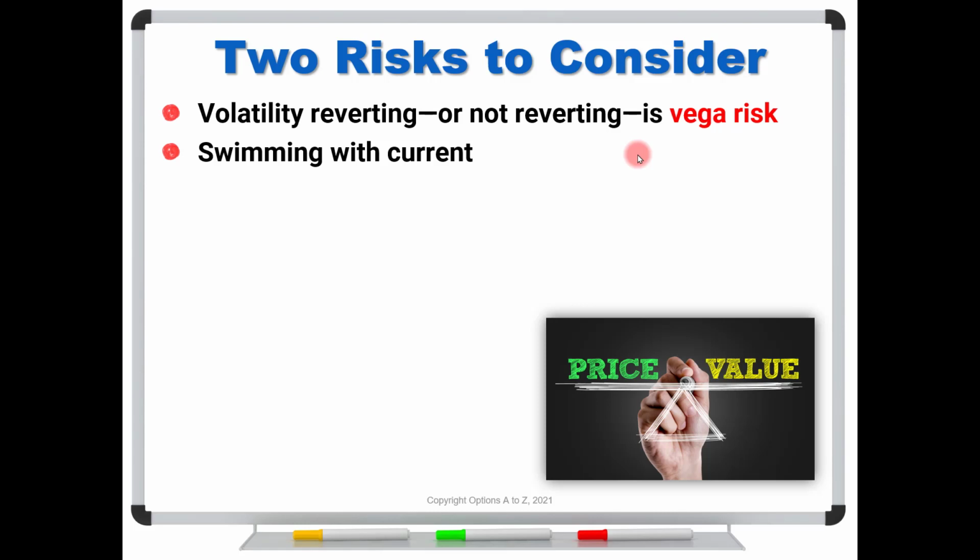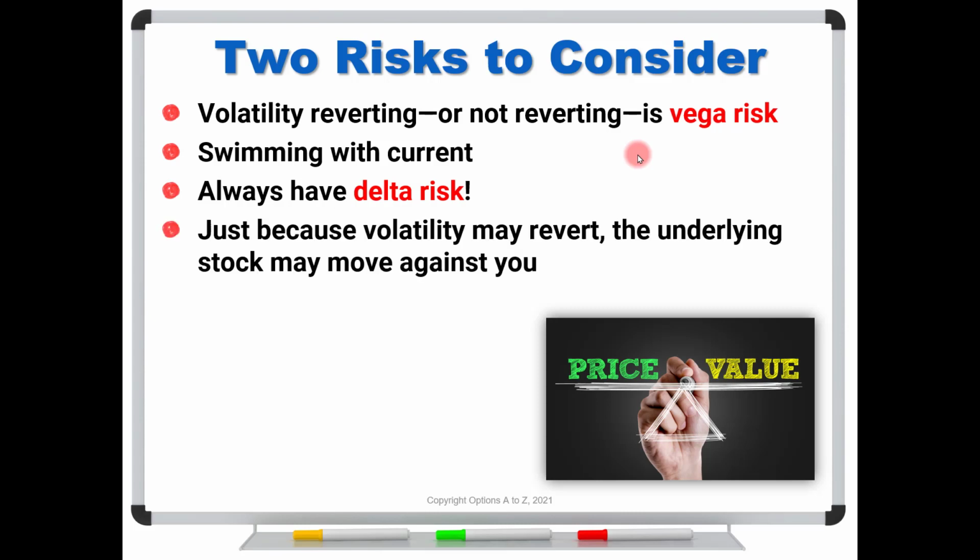And that's because even with knowledge of volatility, and even with a pretty good grip on whether it's relatively high or low, you always have delta risk. So remember, volatility is about the size of the jumps, not the direction. Delta is about direction. Those are two different concepts. So just because volatility may in fact revert, you might be correct about that, the underlying stock might actually move against you.